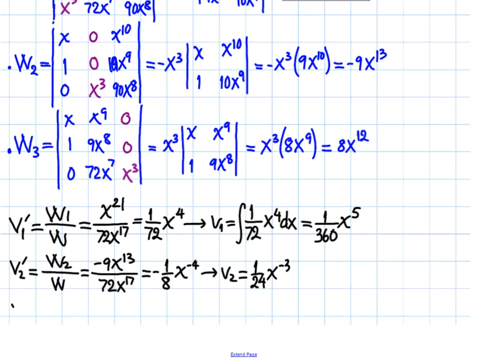And same thing for V3, W3 over W. W3 is 8x to the 12 over 72x to the 17, and that will be 1 over 9 x to the negative 5, and integrate.